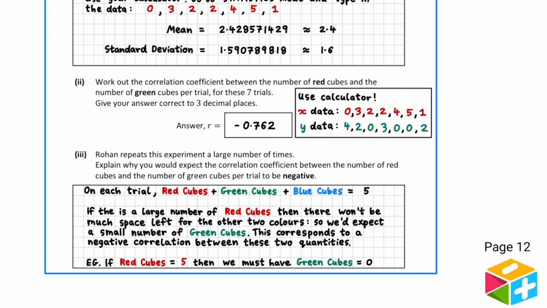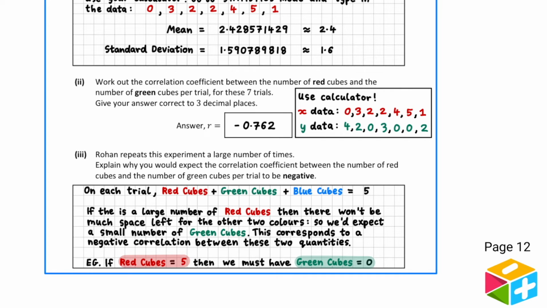If there's a large number of red cubes, then there won't be much space left over for the other 2 colours. This means we'd expect a small number of green cubes. As an illustration, if the number of red cubes was 5, then there's nothing left over for the green cubes and blue cubes. So if red cubes equals 5, then it must be the case that green cubes is equal to 0.